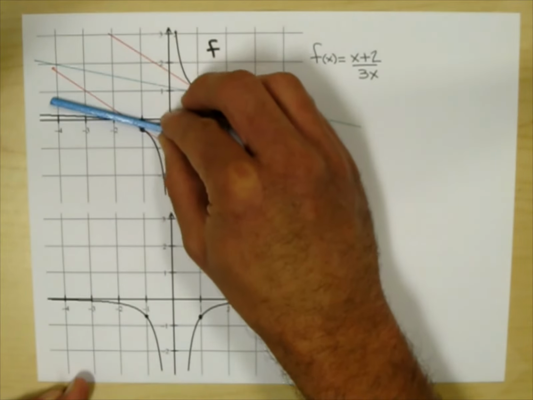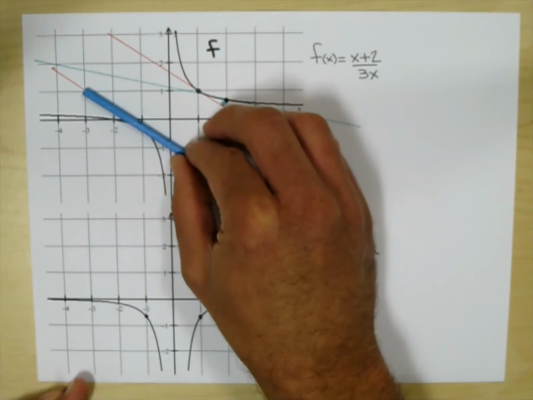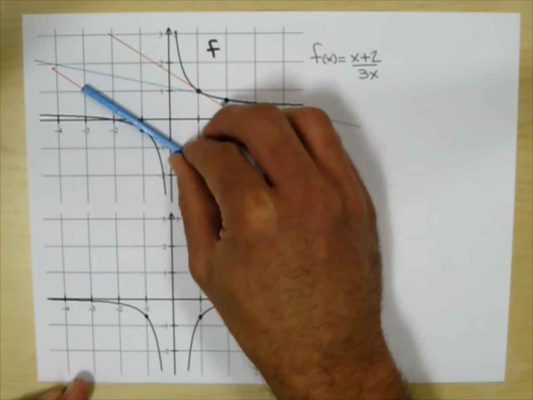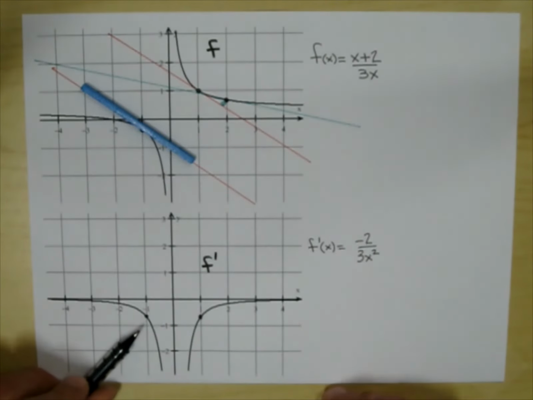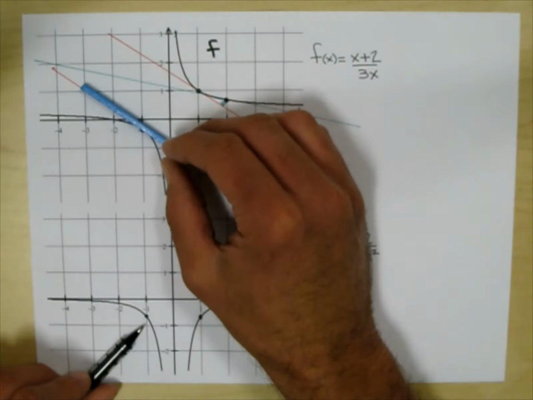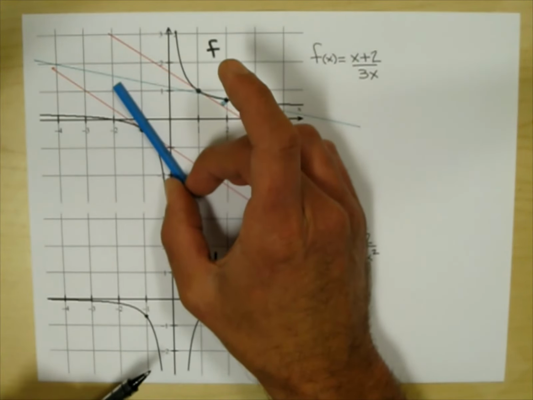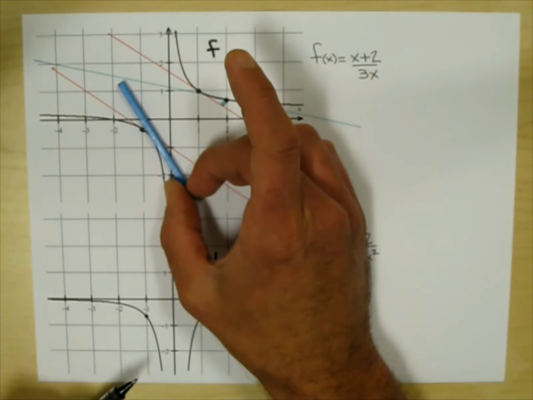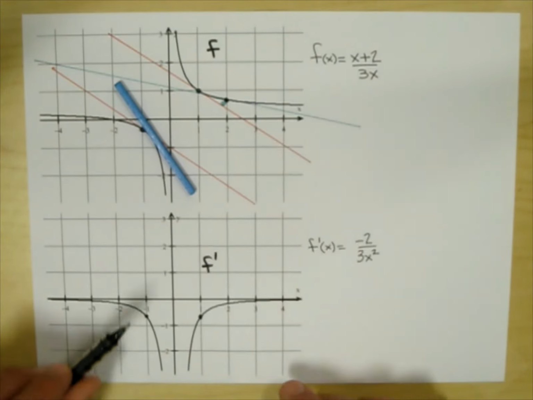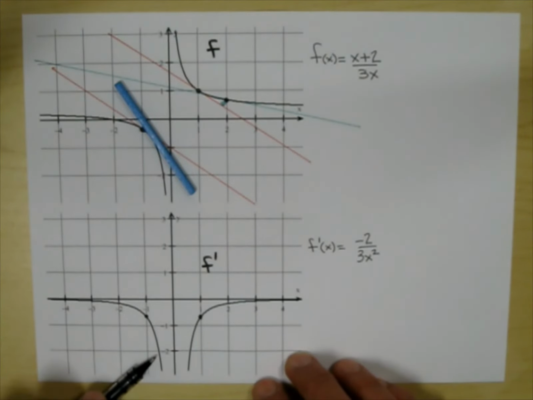But then as you start moving along this curve, the tangent line, like right here, we said it was what? Right here we said it was negative 2/3. But if we keep moving along the original graph, maybe this guy right here is negative 2 for the slope, and there's negative 2 right there.